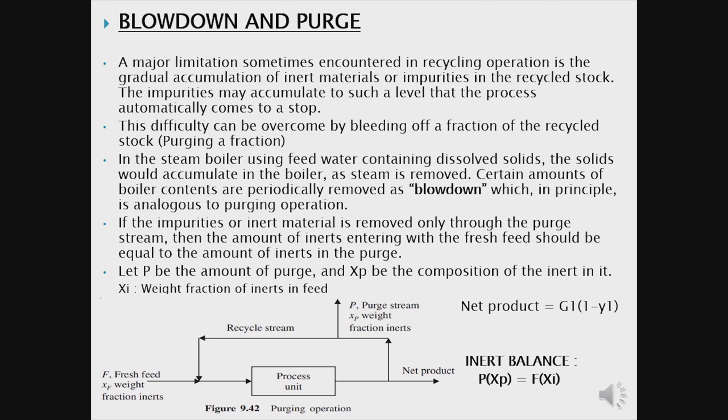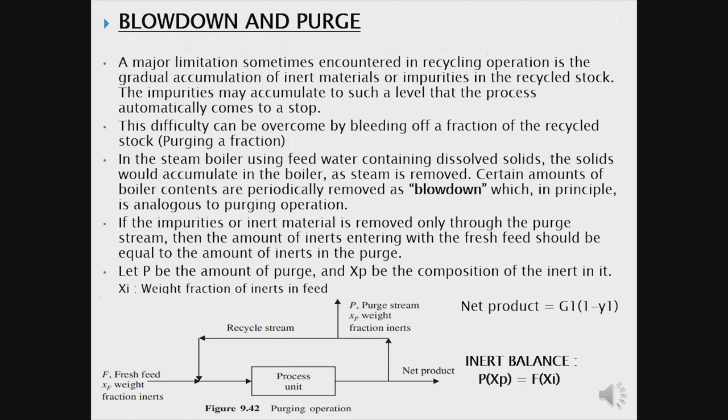Let P be the amount of purge and XP be the composition of inert in it, and XI be the weight fraction of inerts in the feed. Considering this figure, the inert balance is P into XP is equal to F into XI.